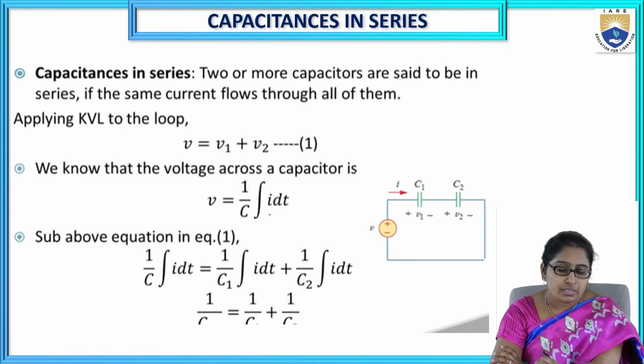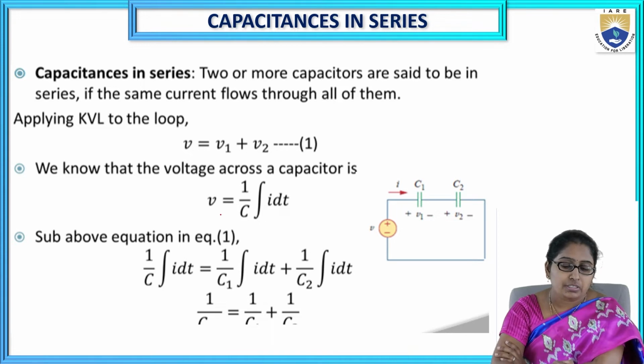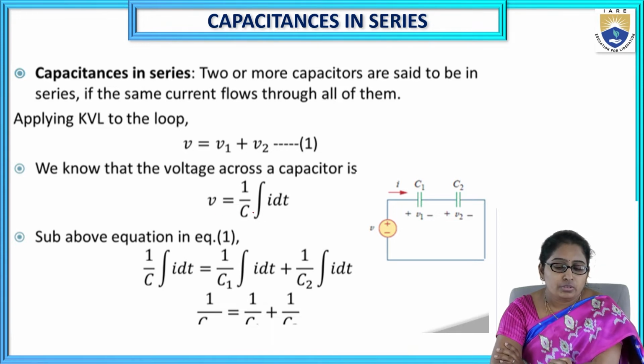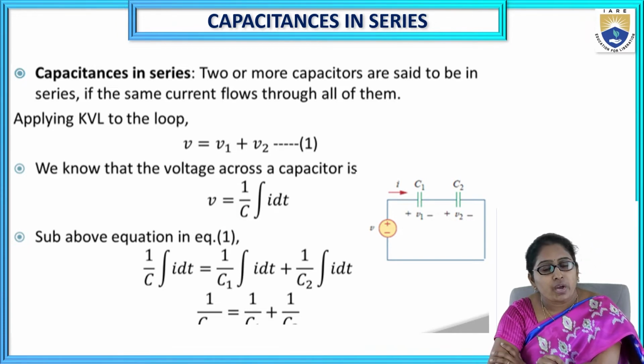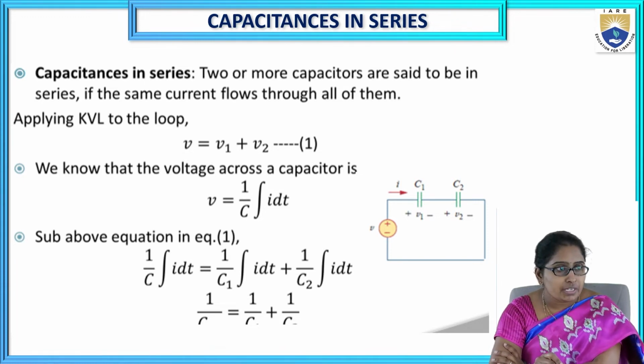What is the voltage current relationship in the case of a capacitor? Based on Ohm's law, V equals, in place of R we have 1 by C, and in place of I we have integral of I dt.